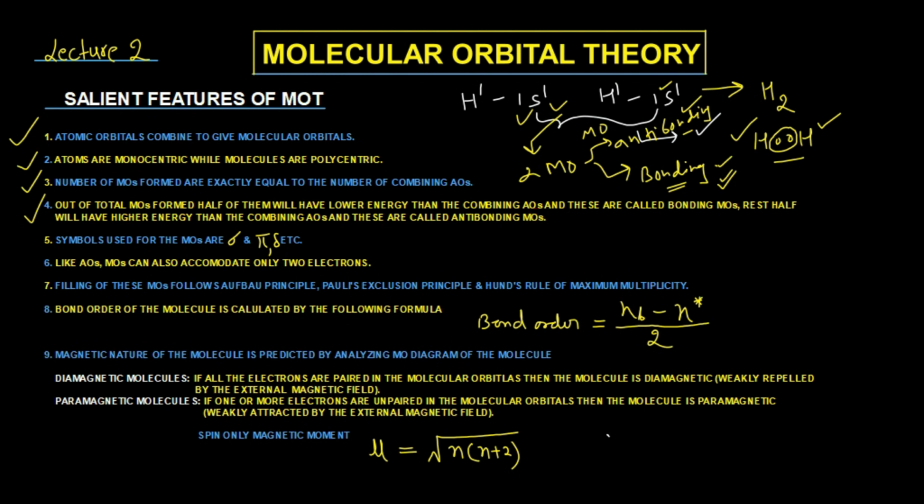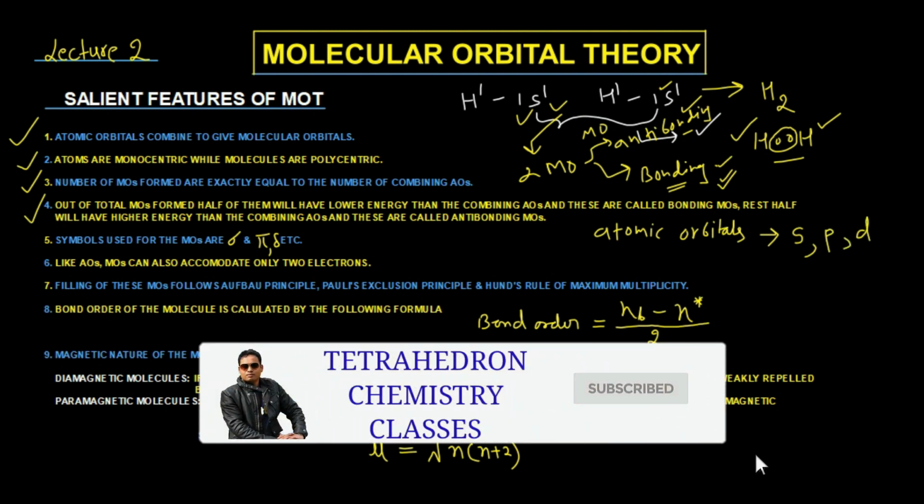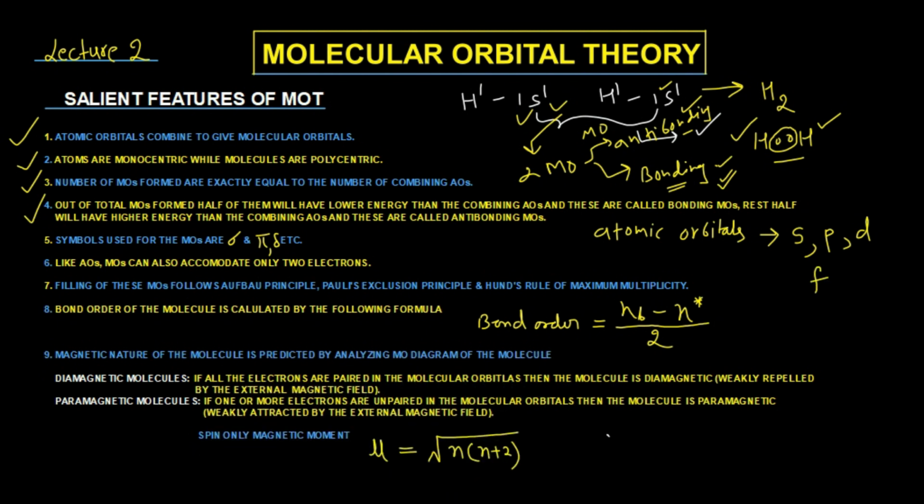Now, the next very important point: symbols used for the molecular orbitals are sigma, pi, delta, etc. For atomic orbitals, your symbols are simple alphabets: S, that is sharp, P, the principal, D, diffuse, and F, the fundamental.